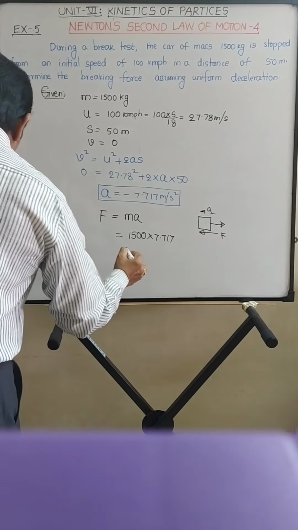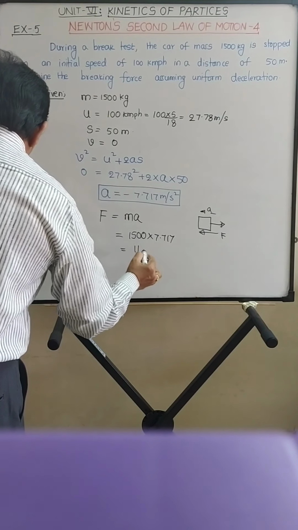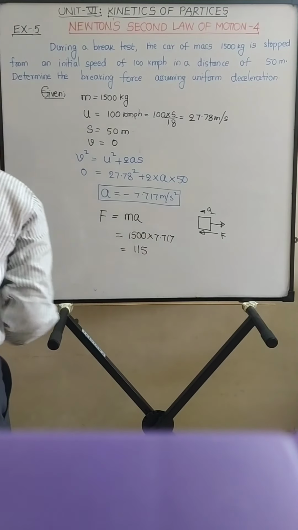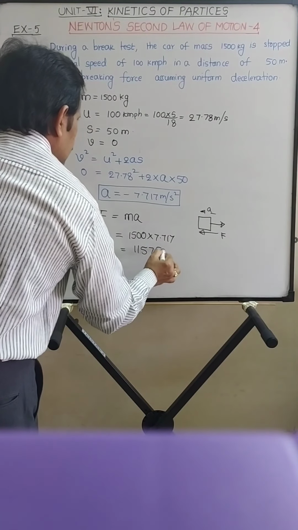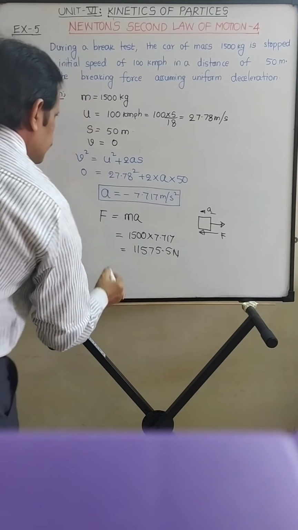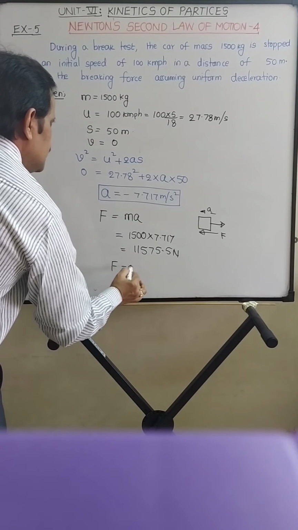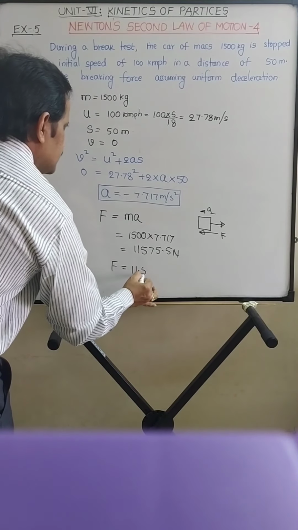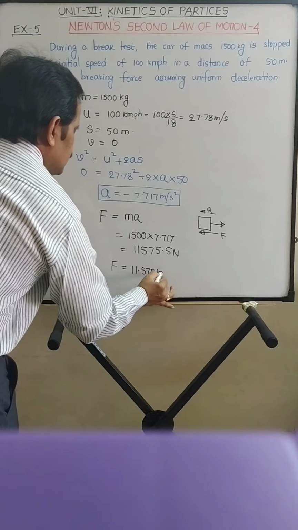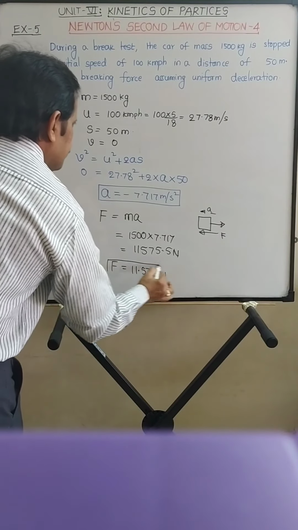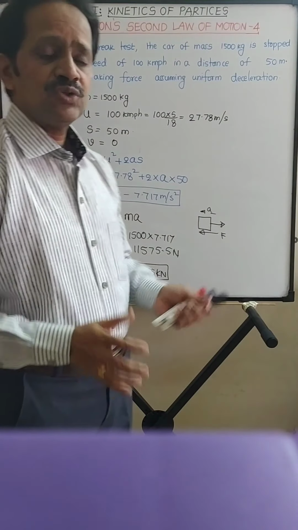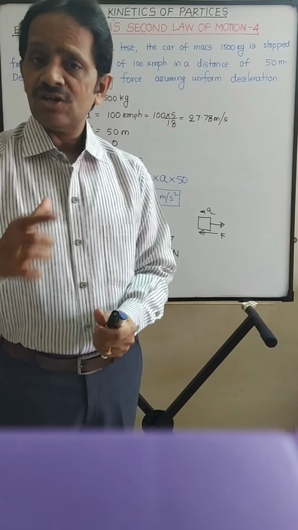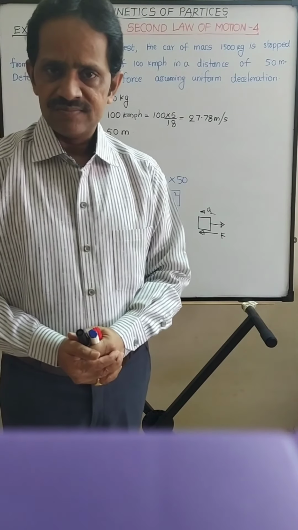That gives you 11575 Newton, or F is equal to 11.575 kilonewton. So this is the braking force required to stop the car within a distance of 50 meters, right?